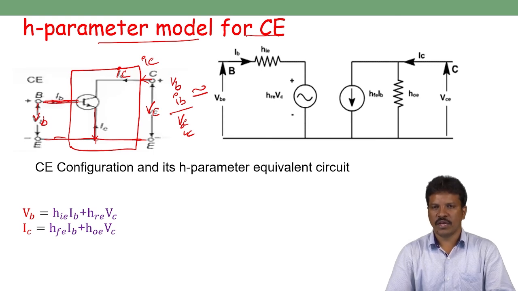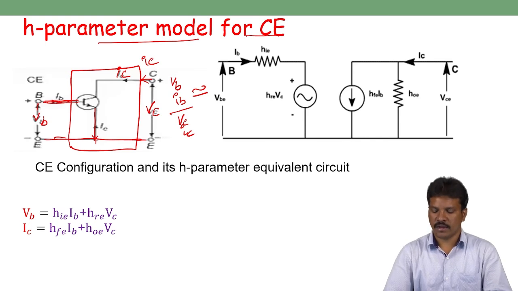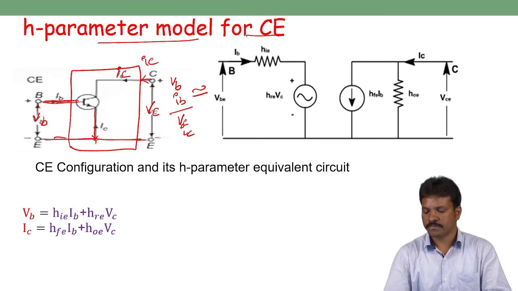Here we know that the input is a Kirchhoff voltage law network and the output is a Kirchhoff current law network. On the input side, a resistor in series with the dependent voltage source, and on the output side, a current source in parallel with the admittance.